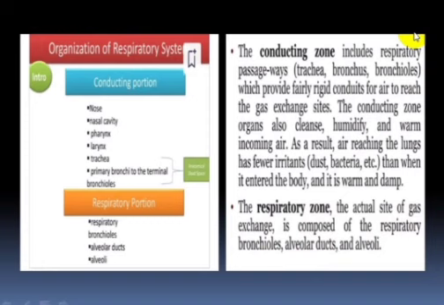Its primary role is to carry the air from the atmosphere to the lungs, and it filters and cleans the air. Whereas the respiratory zone is actually the site where gaseous exchange occurs. Okay? Respiratory zone, that is the lower respiratory tract.